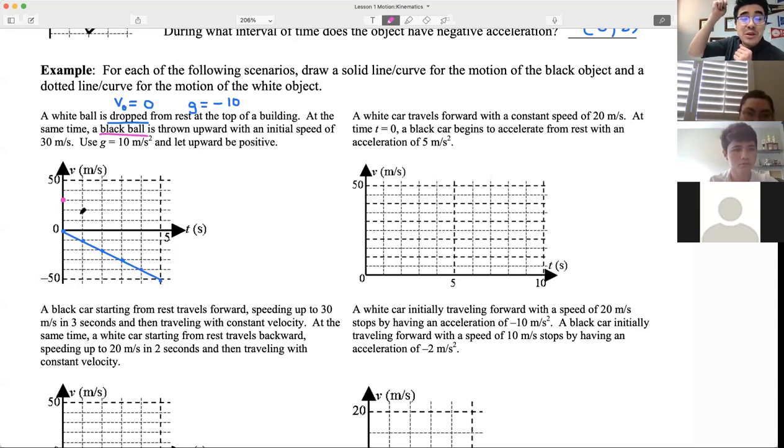So if it starts at 30, what's going to be its velocity after 1 second? 20 meters per second. And then after another second? 10, right? So you said the word curve, but I think the better word would have been line. I guess a line is a curve though, technically. So this would be the one for the black ball. There's no other things acting on it, just gravity, and gravity slows down velocity by 10 meters per second every second.